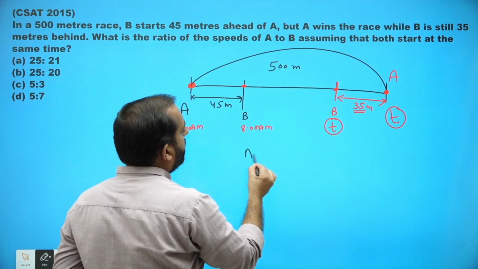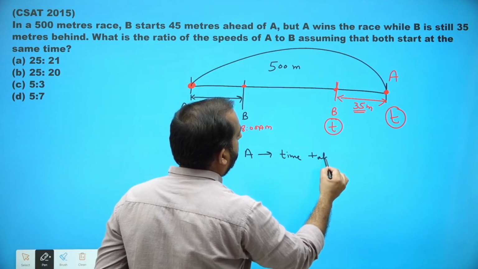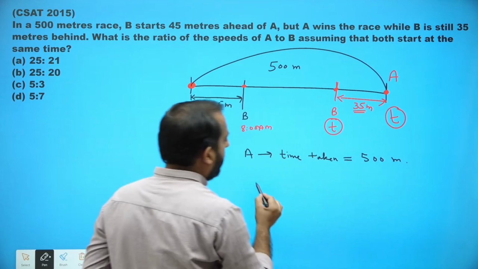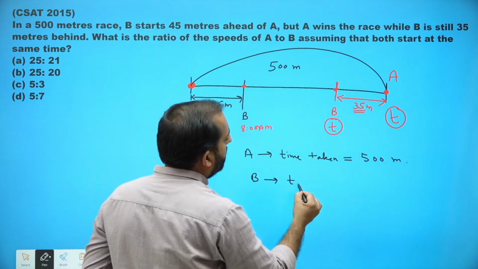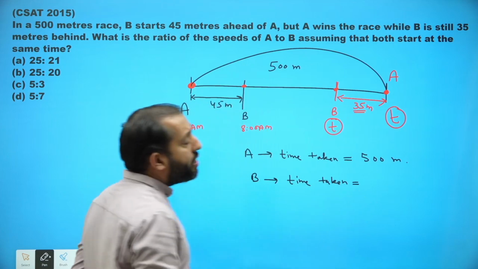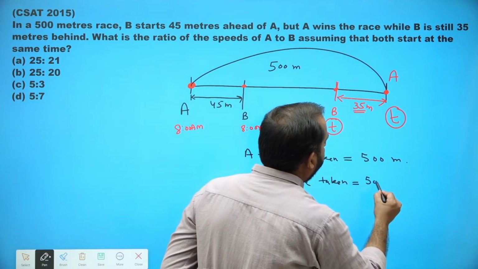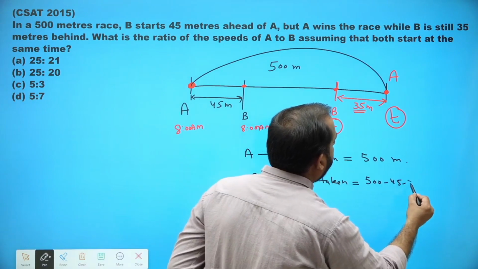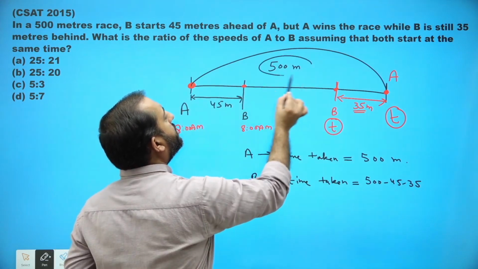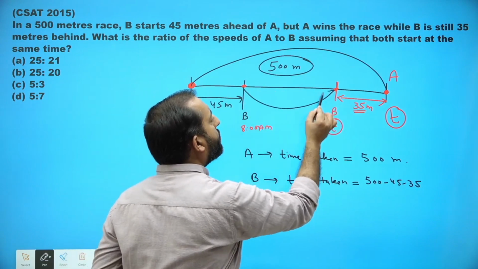So the time taken by A to cover 500 meters is equal to the time taken by B to cover 500 minus 45 minus 35. The time in which A covered this complete 500 meters is the time in which B covers only this much of the distance.